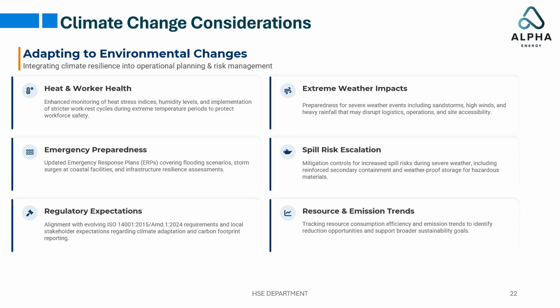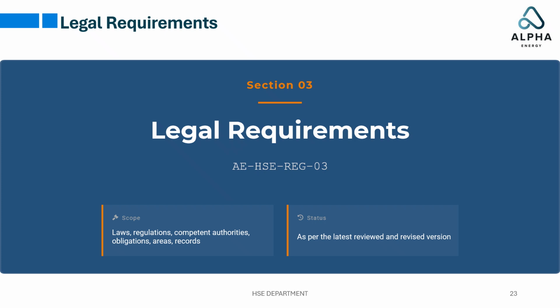Finally, organizations monitor resource and emission trends by tracking resource consumption efficiency and emission levels to identify reduction opportunities and support broader sustainability objectives. Section 03 covers the Legal Requirements Register, AME/HSE Reg 03, which documents all applicable legal and regulatory obligations relevant to Al Masood Energy's operations.